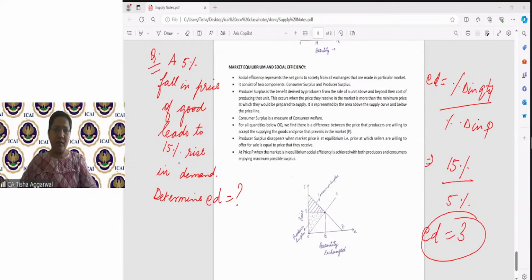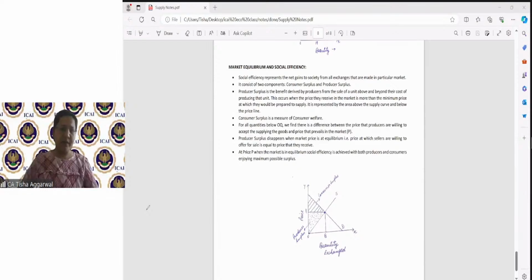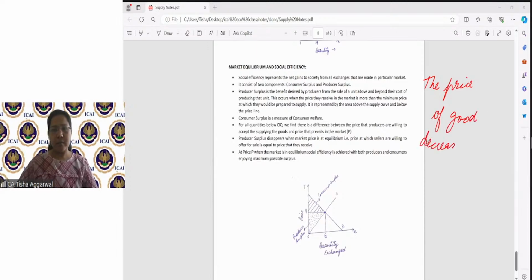Now, one more question for your practice. The price of a good decreases from rupees 100 to rupees 60 per unit.